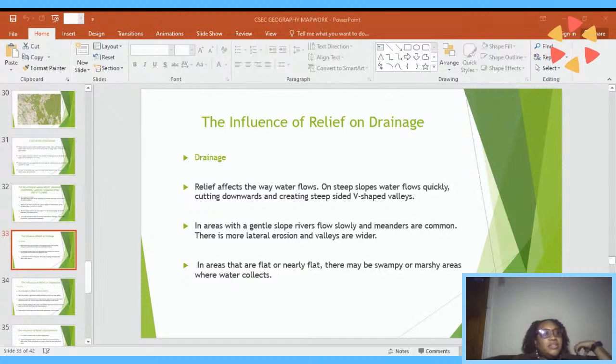Okay, so can you all see it here? Is Pendu also linear? I will have to check it when I go back to the map. So can you all see my PowerPoint now? So the next question is, say three ways relief has influenced the drainage on the map. And remember, when we talk about drainage, we're looking at rivers, right?